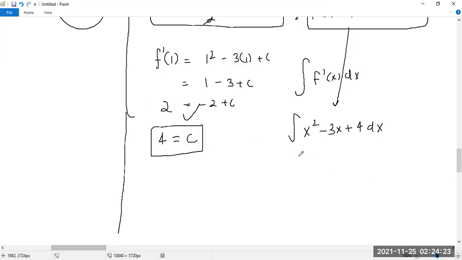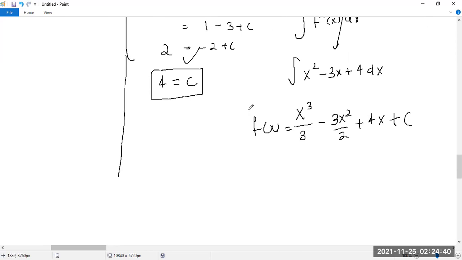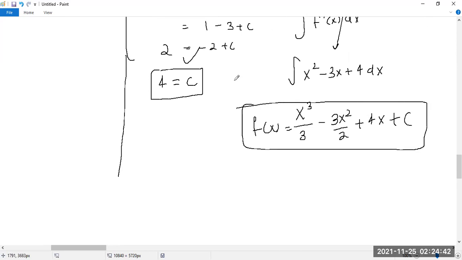Now that I have this, I can take the integral of this, and that would give me the original function. So I will have x cubed over 3 minus 3x squared over 2 plus 4x. So this is f of x, but plus c. It's a general solution. Whenever you're taking the integral, it's a general solution if you don't plug it in.